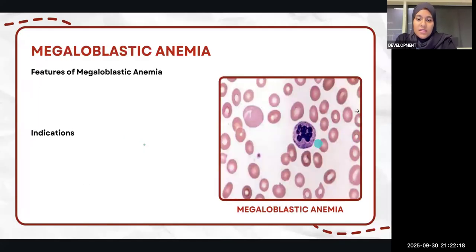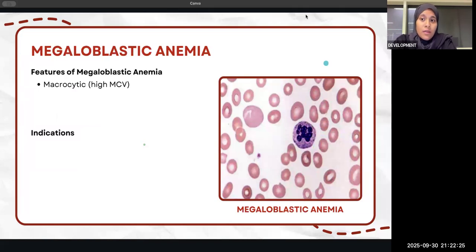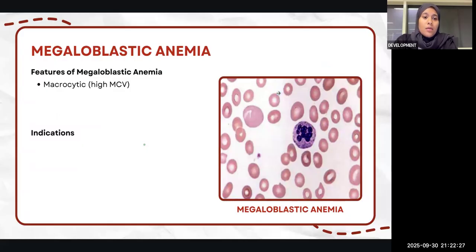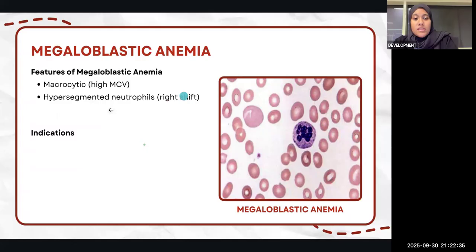Then megaloblastic anemia: macrocytic, high MCV. Remember from your lectures, there's no high MCH. There's only high MCV, so it's only macrocytic. You see hypersegmented neutrophils. This is what I meant by right shift, for whoever was asking what's the difference between left shift and right shift.